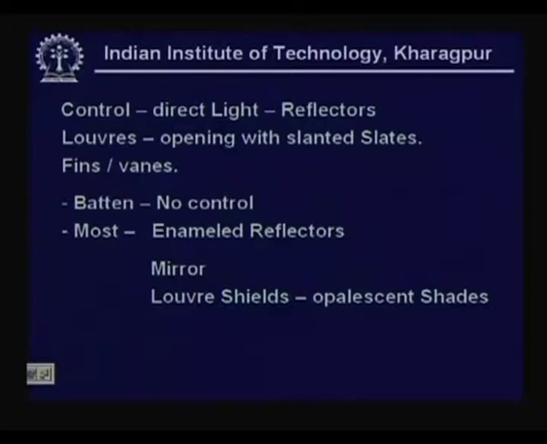Basically, a shield does two things: it prevents any dust from entering, and also acts as an opening for the enclosed lamp assembly for the light to go out. And you could be using opalescent shades, that is, a diffusing shade.